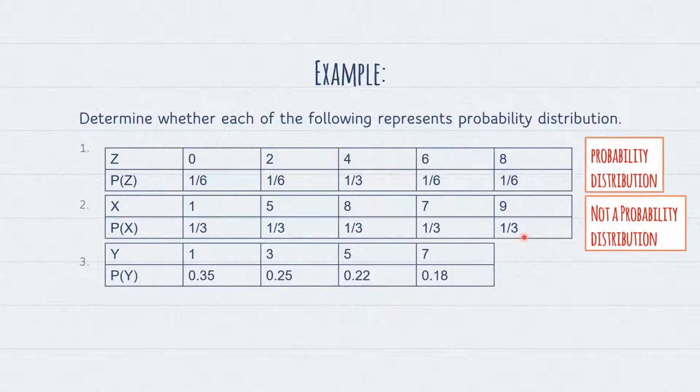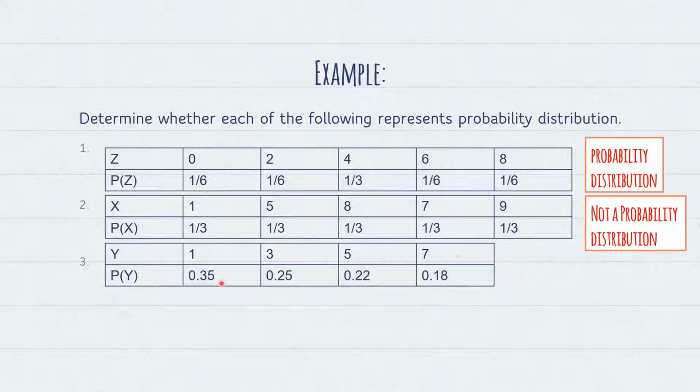y and p of y. We have random variable y with the values of 1, 3, 5, and 7. And then the corresponding probabilities: 0.35 for 1, 0.25 for 3, 0.22 for 5, and 0.18 for 7.